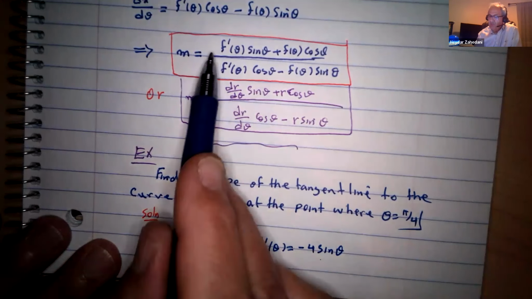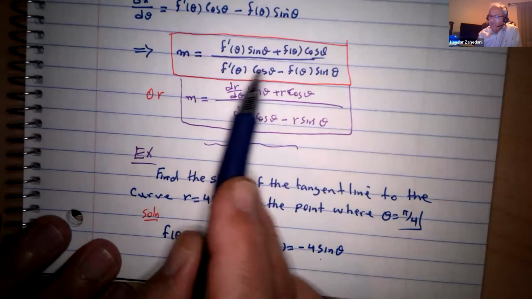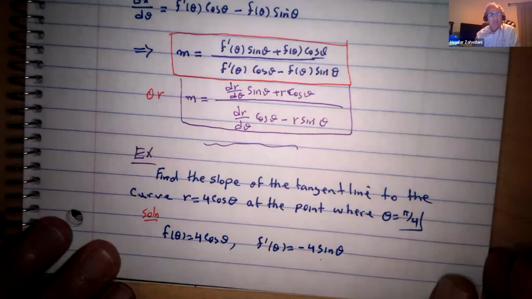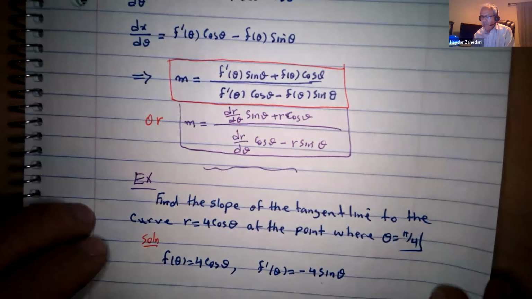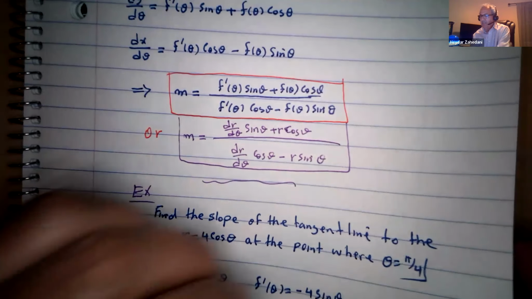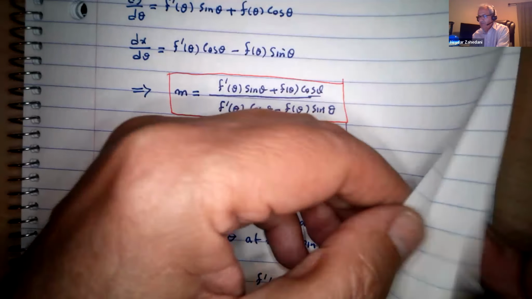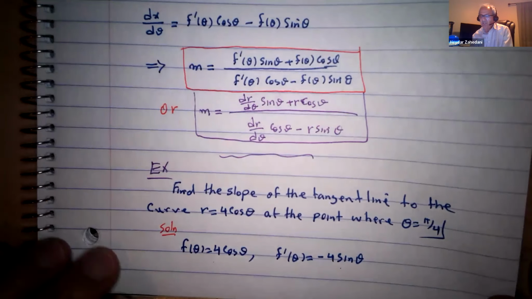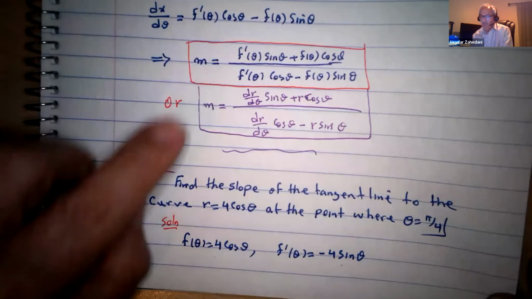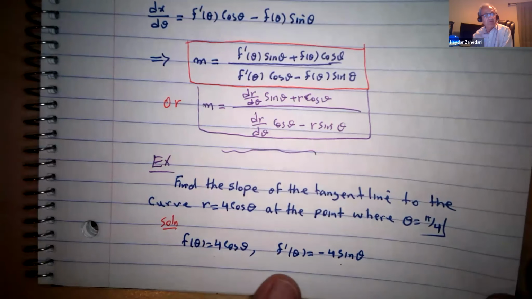I'm going to put these two here, f prime and f of theta, and then we continue. Go to the next page to continue. I'm going to use this formula, with f of theta and f prime of theta.